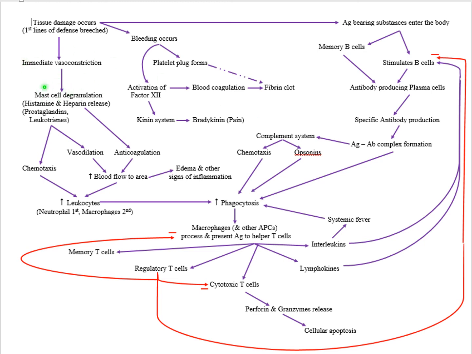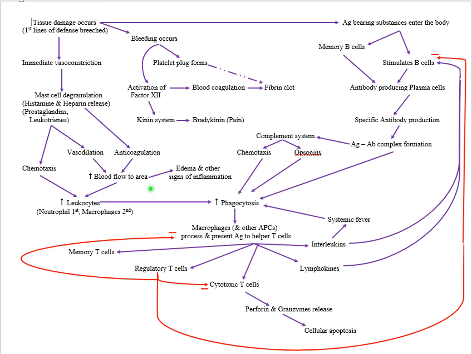The mast cells degranulate almost immediately. This produces histamine and heparin, which is actually a short-acting anticoagulant that will help increase blood flow to the area, but then it's gone. Serotonin, prostaglandins, leukotrienes, all of those are going to cause vasodilation secondarily.